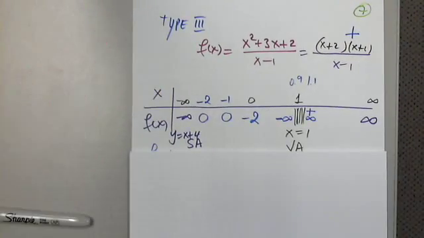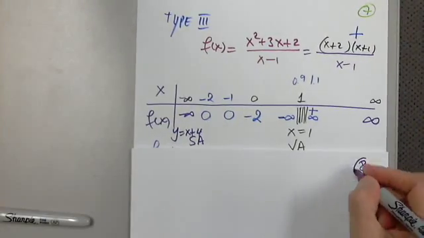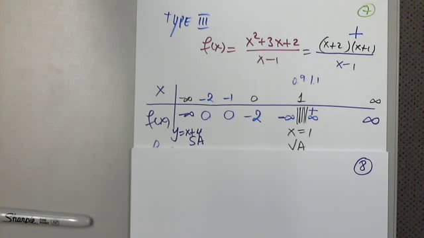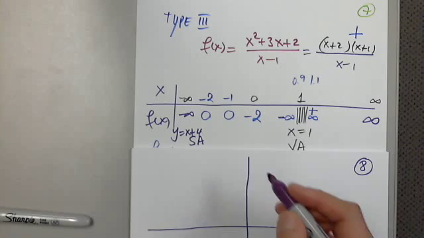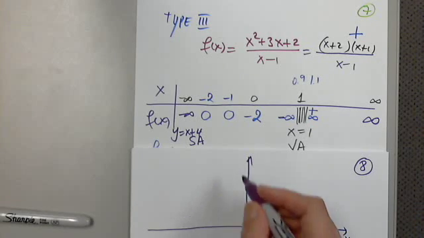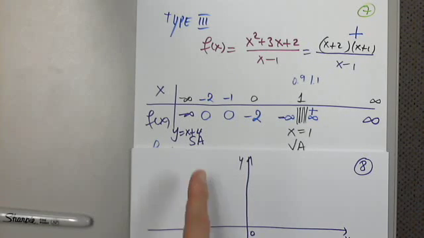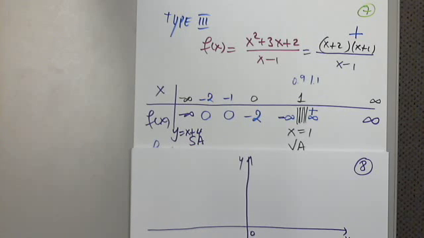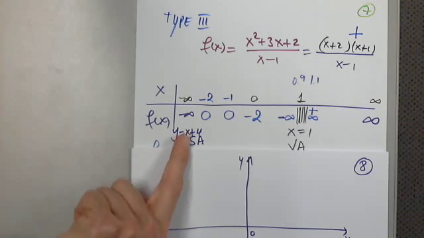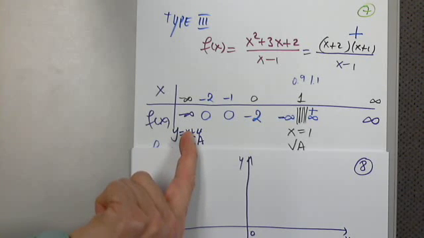Okay. When we graph a function with asymptotes, what do we have to graph first? The asymptotes. How many asymptotes are we going to graph for this function? Yes. Let's start with this one. How do I graph y equals x plus 4? When x is 0, how much is y?